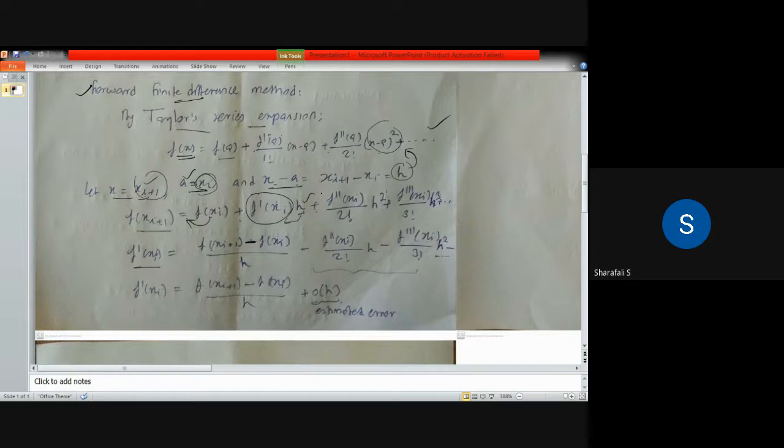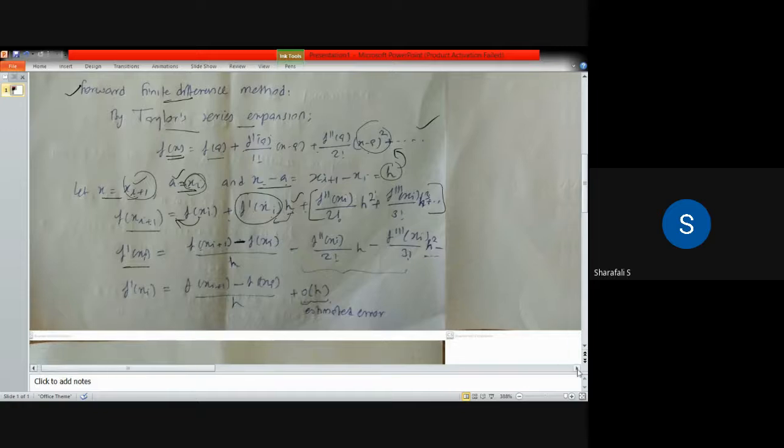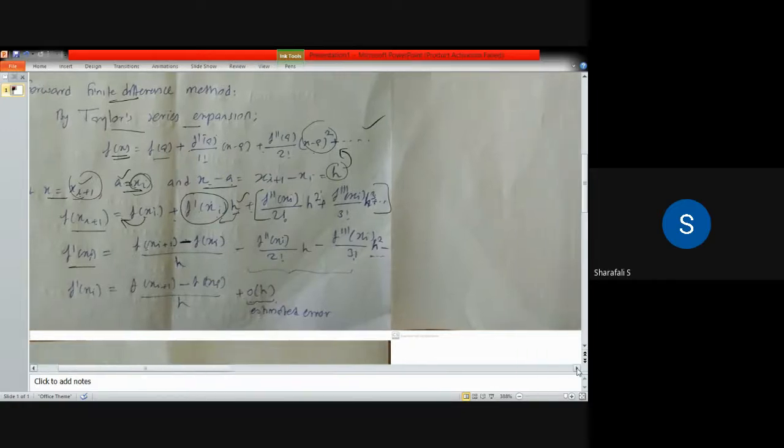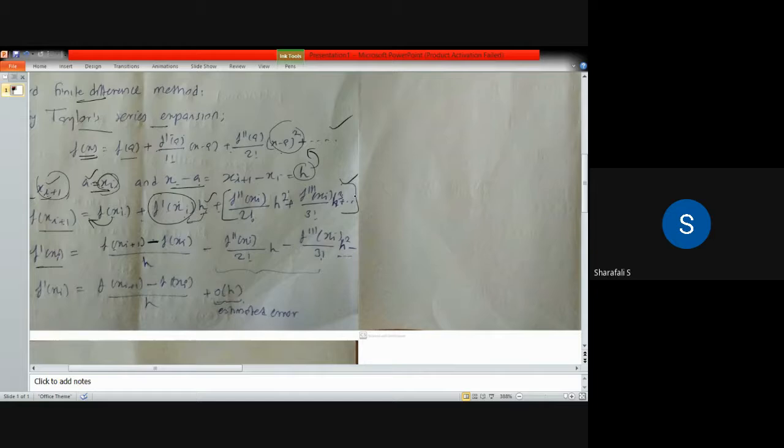So ignore the higher order part. If you ignore these higher order terms, h square, h cube, all those terms, because h is very small, you can neglect them. When h is very small, h square will be very, very small, and h cube will be much smaller than h square. So these terms will be very small, so that we can neglect that.